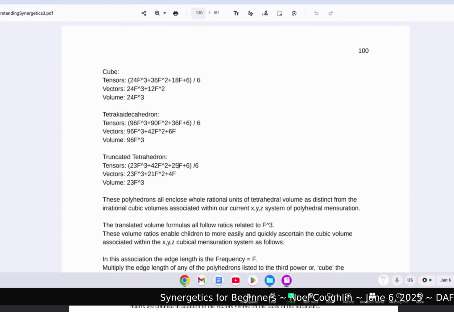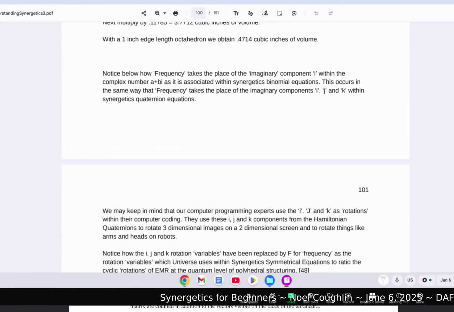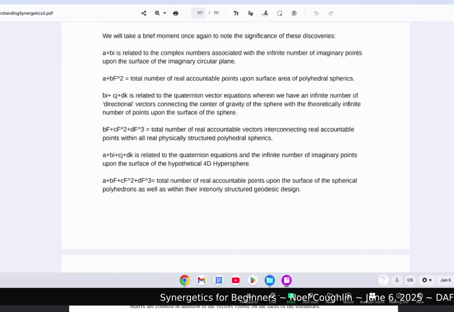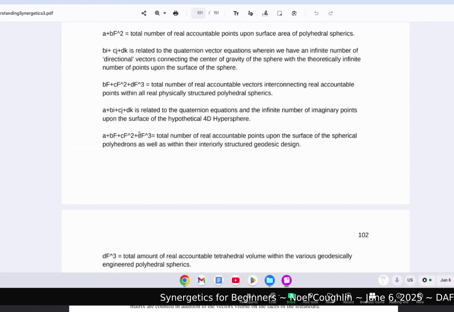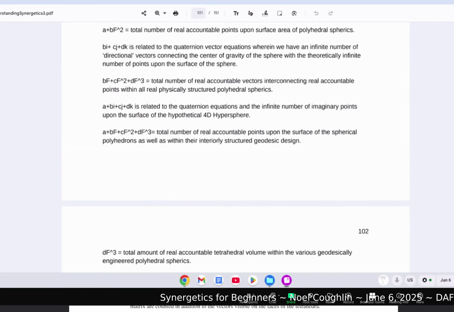B is 25 and I becomes F. C is 42 and J becomes F squared. D is 23 and F then becomes the K. So the IJ and K axes are represented within these variables associated with these different symmetrical equations from Synergetics.